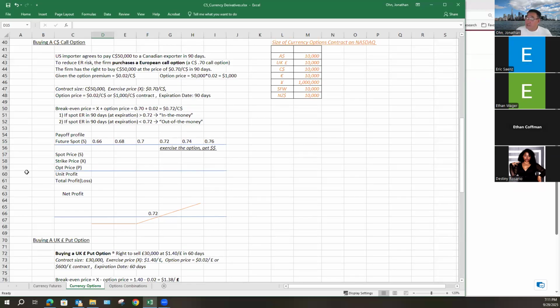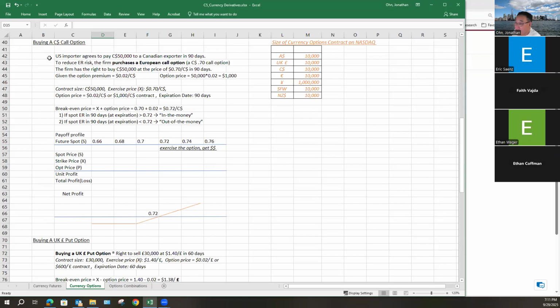All right, let's look at this. Buying a Canadian dollar call option and buying a UK pound put option. Let's talk about these two different options, and then let's see what happens there. A U.S. importer agrees to pay 50,000 Canadian dollars to a Canadian exporter in 90 days.